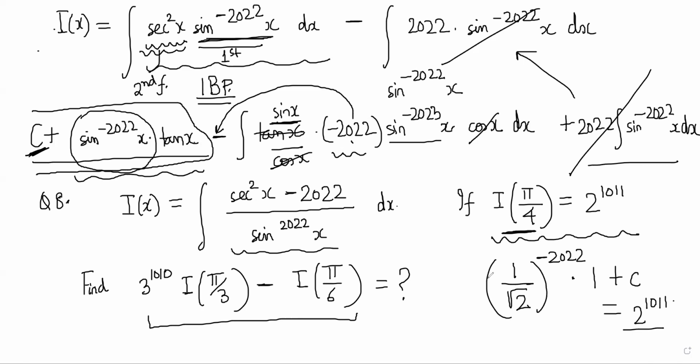Correct? Yes, okay, sir. So this will become 2 power minus half, so this is the same, so c is 0, right? Yes, sir. So now your answer is simply this part. Now you just have to put I of pi by 3 minus I of pi by 6, correct? Yes, sir. Shrish, have you gotten the answer finally? I have got 0. The answer is 0.